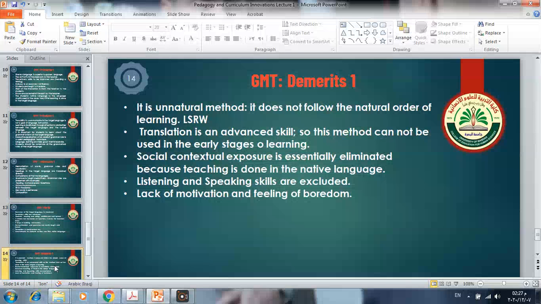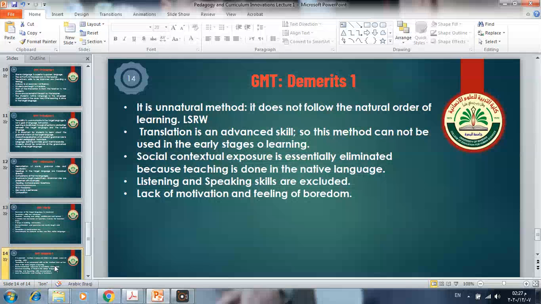The natural order of learning is listening, speaking, reading, and writing. This method skipped listening and speaking because it concentrates on reading and writing only. So it neglected two important skills, which are listening and speaking.